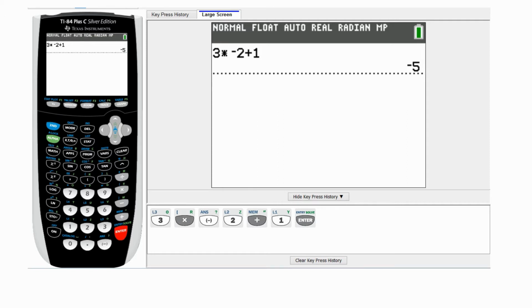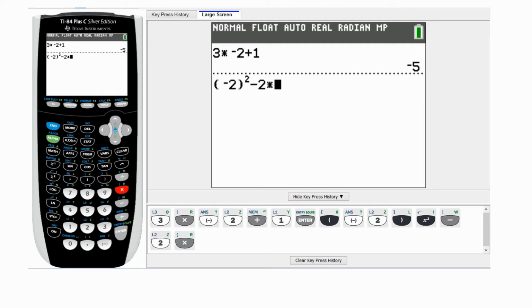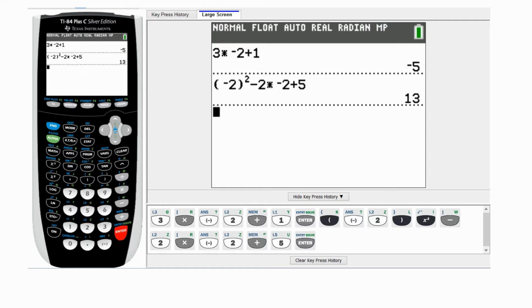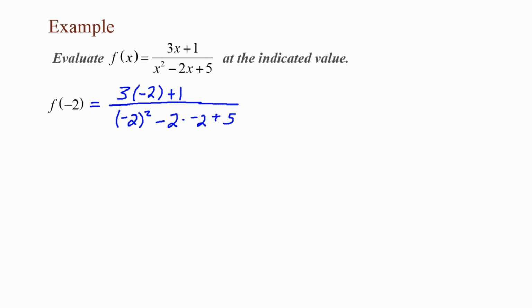For the denominator, since our 2 is negative, we want to use parentheses. The negative 2, close parenthesis, squared, minus 2 times negative 2 plus 5, which gives us 13. That equals negative 5 divided by 13. This can't be reduced, so f of negative 2 equals negative 5 over 13.